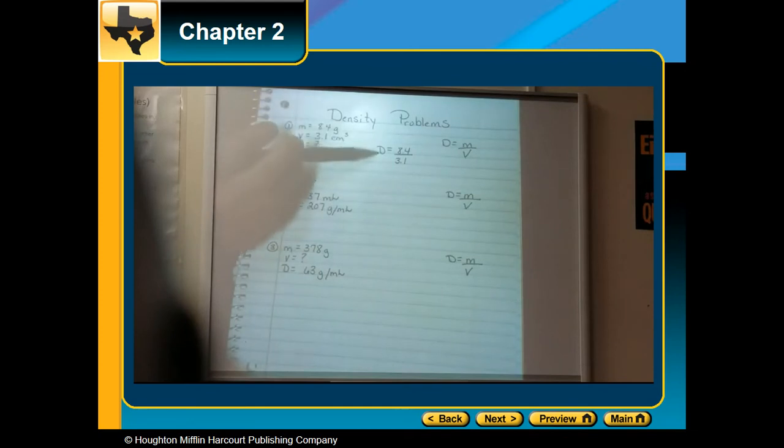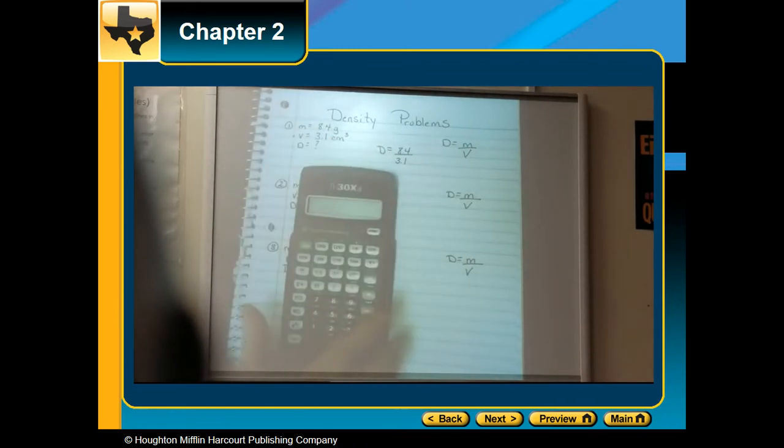It's already on its side of the equal sign. So all I have to do is the math function, which is divide. So 8.4 divided by 3.1.